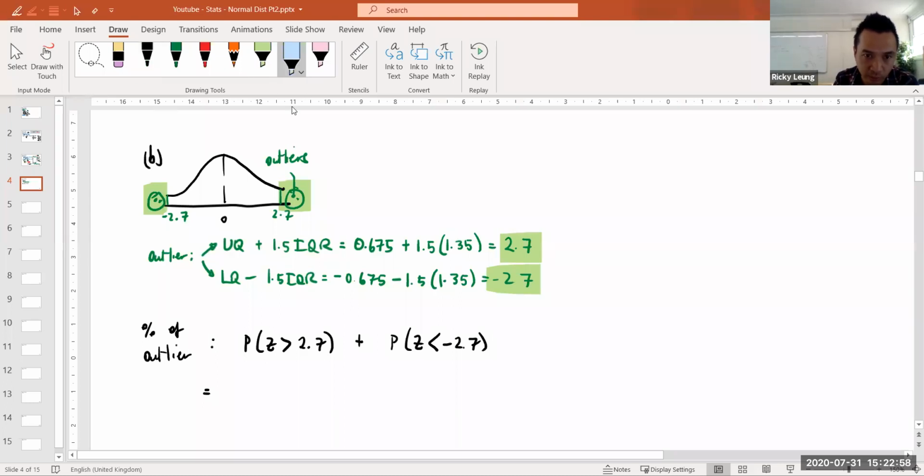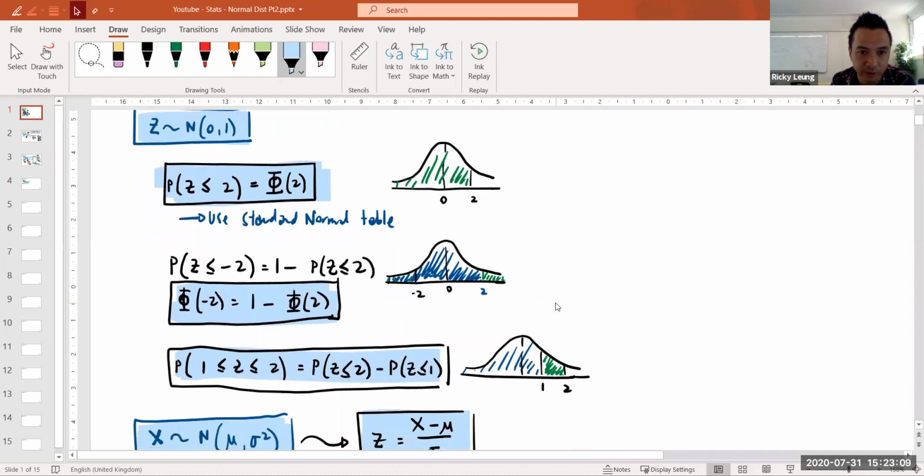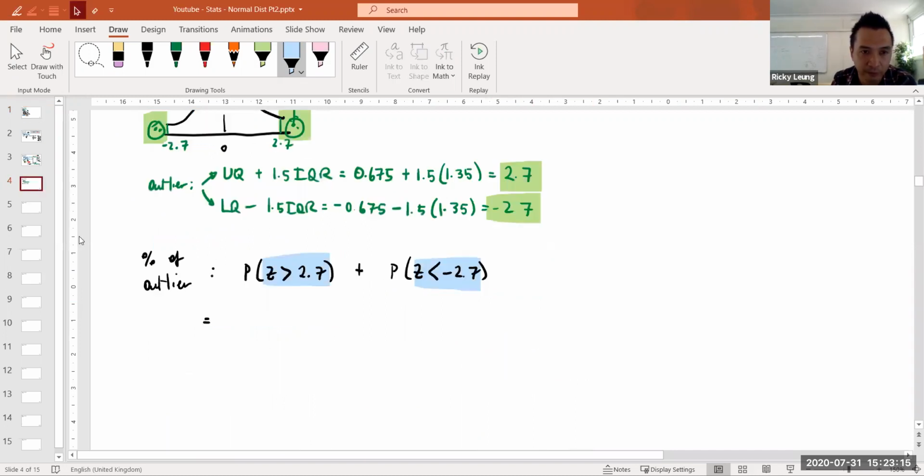Recall two things. See how it's greater than and less than negative? They fall into, can I go back to the very first slide, negatives go into here, and greater than uses a symmetry formula. So I know that this guy is the same as 1 minus the probability that Z is less than 2.7, because my table only does less than.